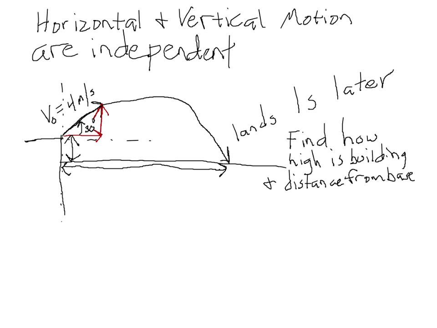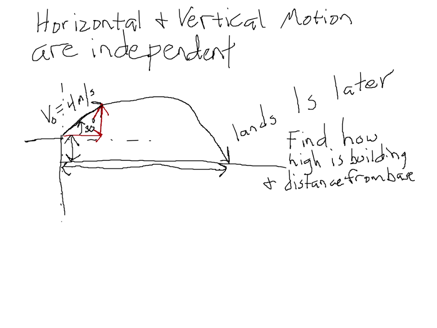Okay, well, in any projectile motion problem, the first step is always to take advantage of the fact that the horizontal motion and the vertical motion are independent. So the first thing that you always do is you resolve the motion using vector components into the horizontal part and the vertical part.